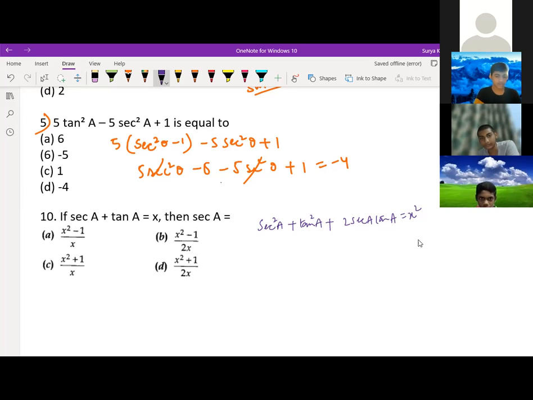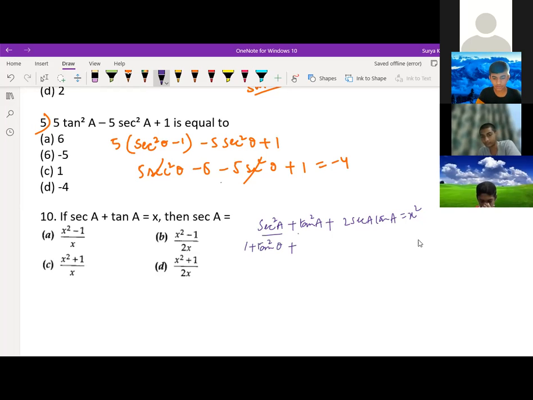If we take the tan square A toward the 1, sir, it would be sec square A equals tan square A plus 1. So we can convert this sec square A into 1 plus tan square A. So I should convert this to 1 plus tan square A, right? Yes, sir.